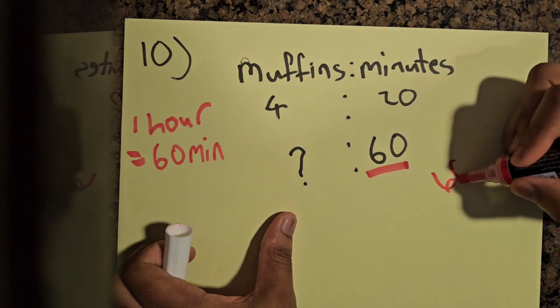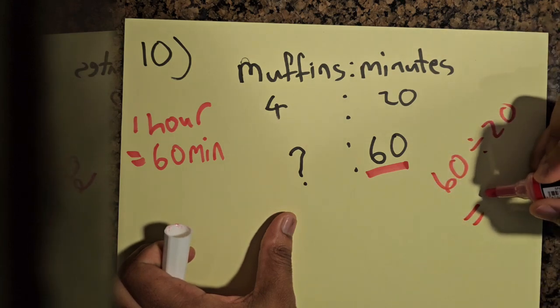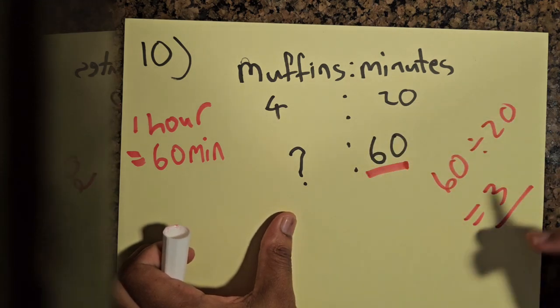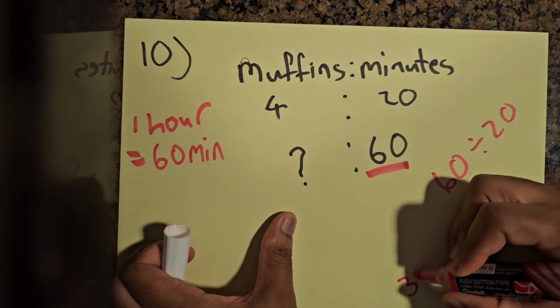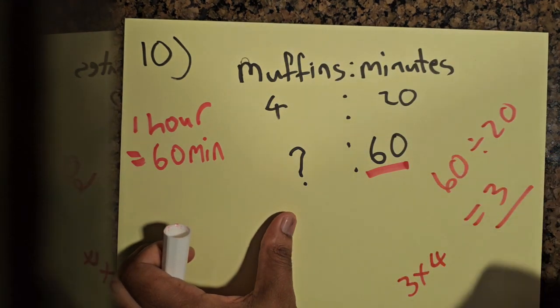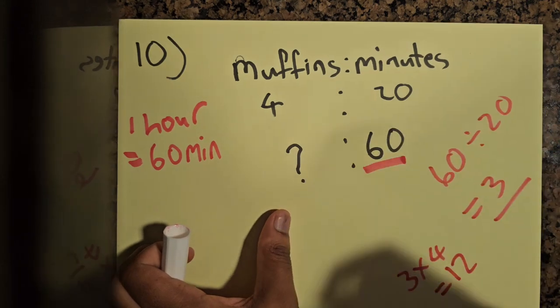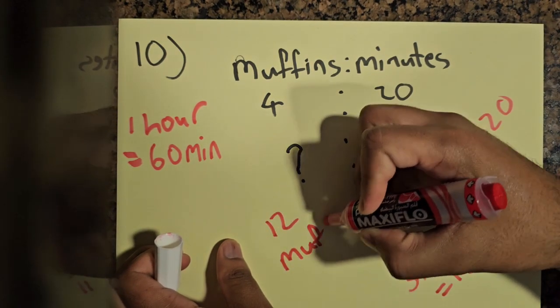So 60 divided by 20 equals 3. Then I'm going to take this, same like in the previous questions. I'm going to say 3 multiplied with the left-hand side. So 3 times 4 equals 12. That means in 60 minutes, she can bake 12 muffins.